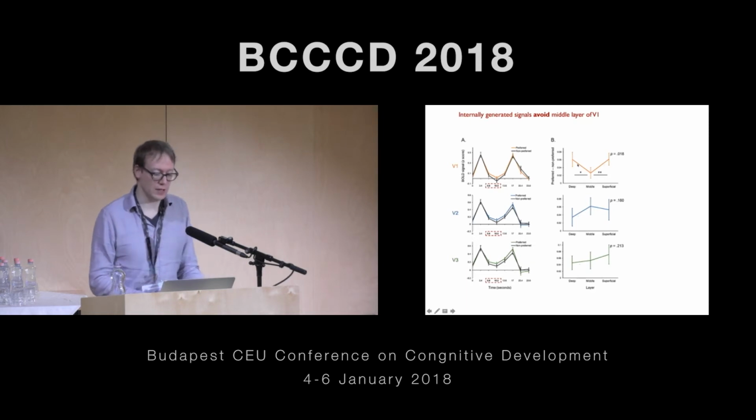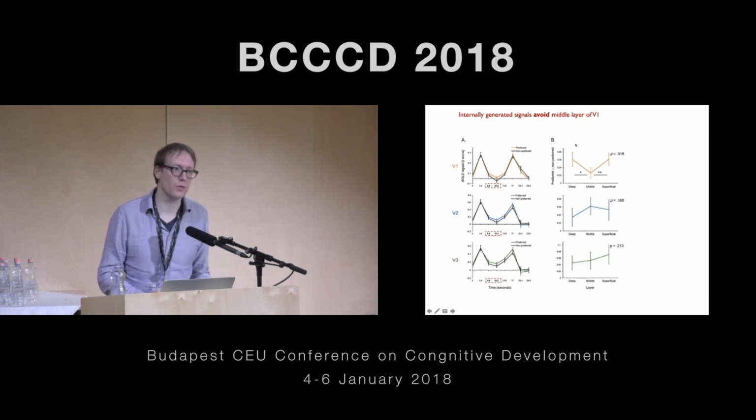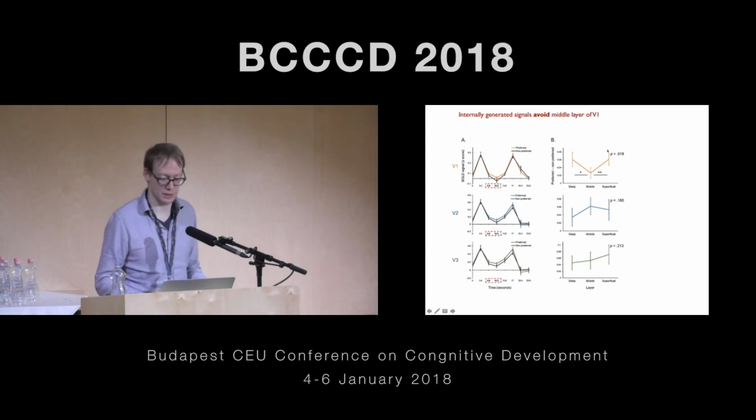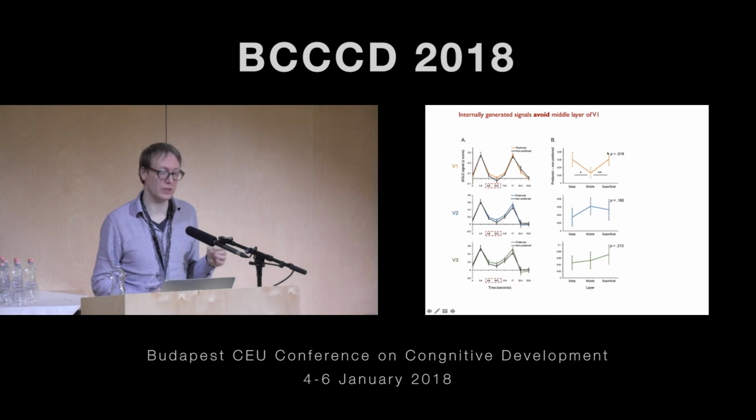And what you can see is that particularly in area V1, so this first cortical area in which visual information enters from your eye, there is no difference in activity in this middle layer, but only in the deep and in the superficial layers there is an activity difference. Again, very much in line with this idea that these feedback signals are only targeting those layers, the deep and the superficial. Whereas in V2 and V3, you actually see that the whole cortical column is activated.